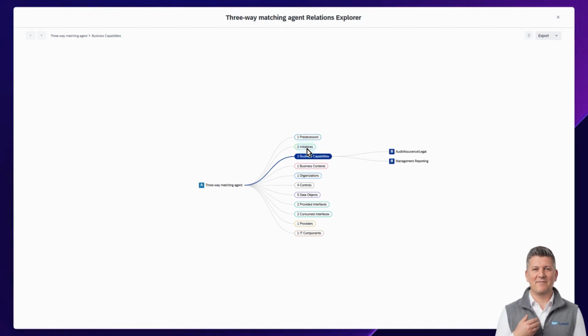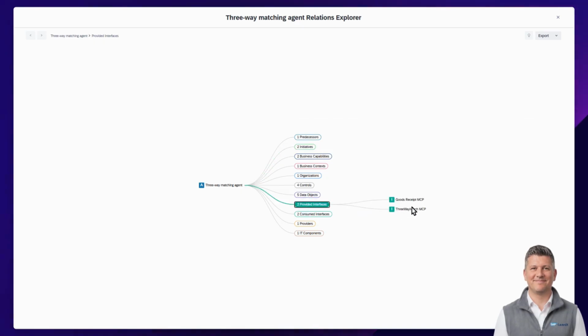With LeanIX, Ava can see how the agent fits into the bigger picture. Ava also gains transparency into dependencies such as MCP servers, supporting technologies, and the data it consumes, including classification and sensitivity.